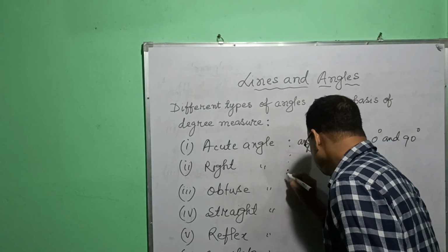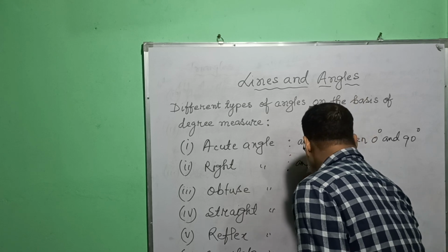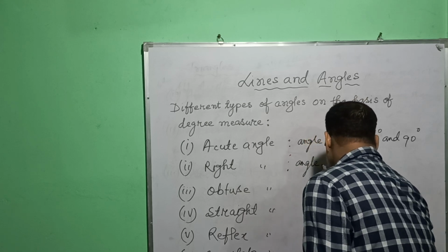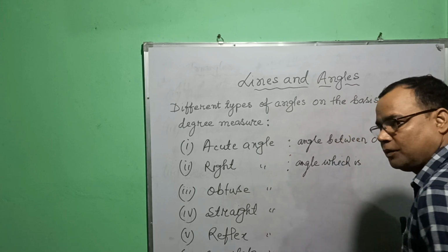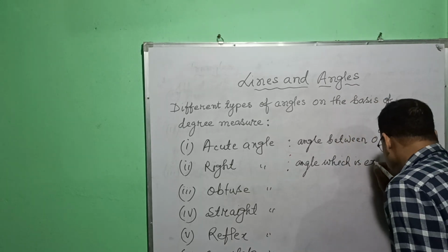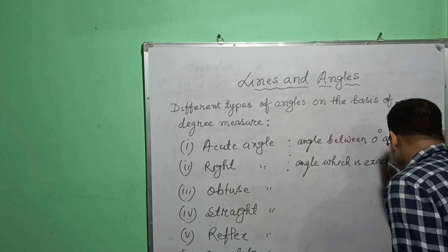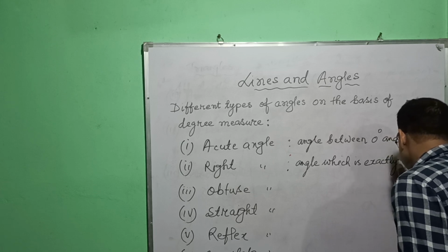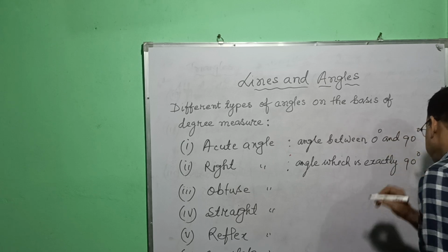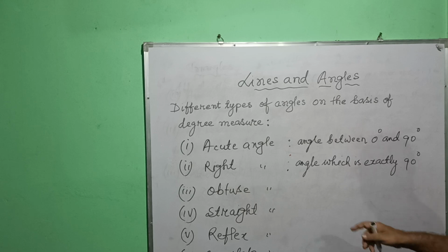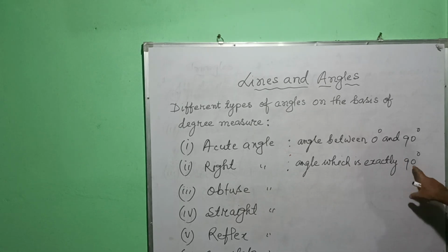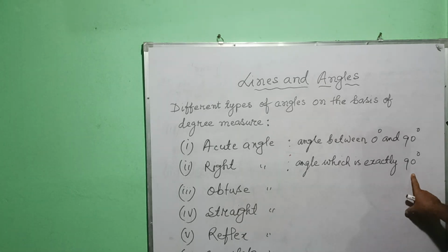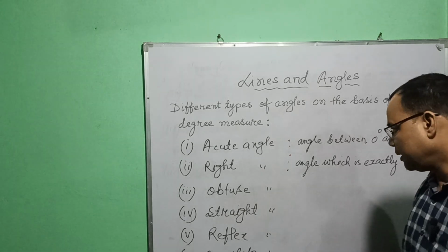Now right angle. What is right angle? Angle which is exactly 90 degree. So we just remember that the angle which is exactly 90 degree, mean not less than 90, not more than 90, it is called right angle.